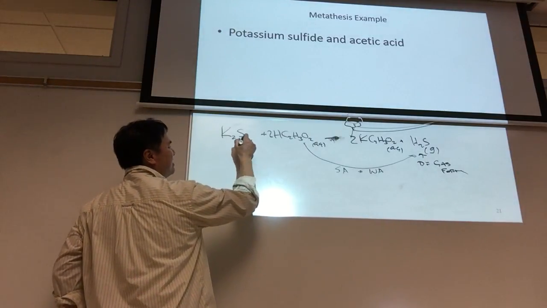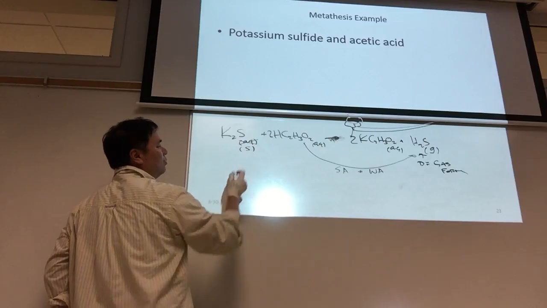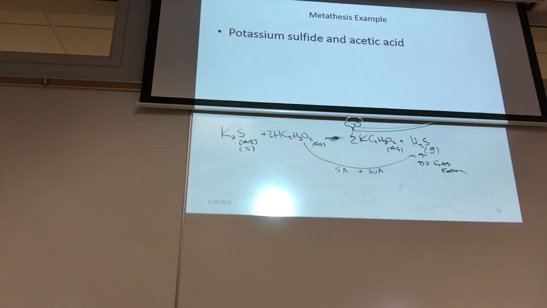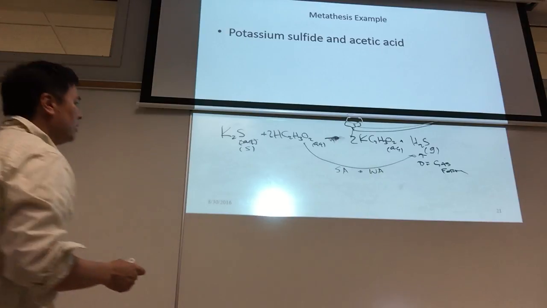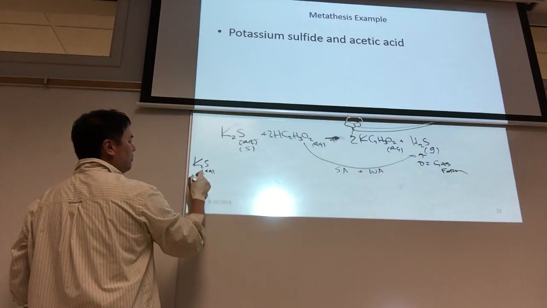But what makes this hard is it can't be aqueous. We have to use solid. In other words, we have to sprinkle some solid potassium sulfide into the acetic acid. We can't just grab a bottle of potassium sulfide off the shelf. We are not going to find a bottle of K2S aqueous off the shelf.